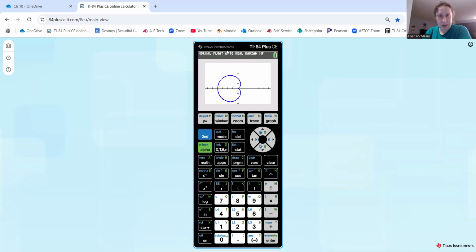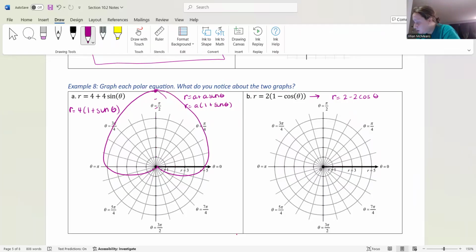So we had some important points: 1, 2, 3, 4, and then we went up 1, 2, not quite 3-ish, and not quite -3-ish. So we did something kind of like this. I can't draw these for the life of me, but you kind of get the gist. So that was our cardioid.